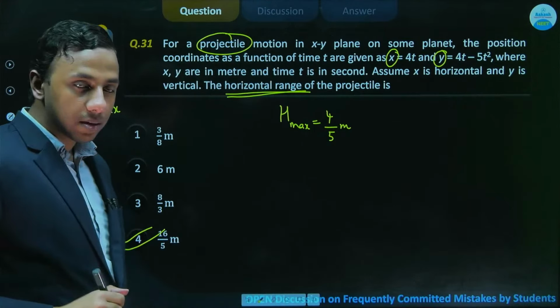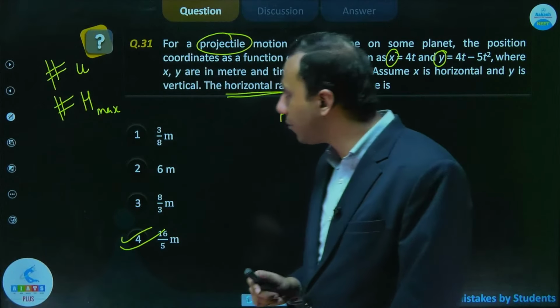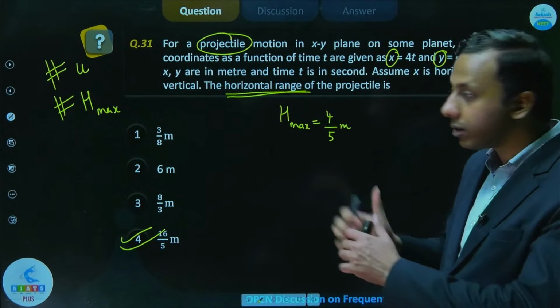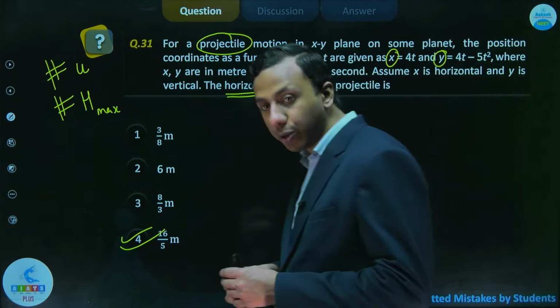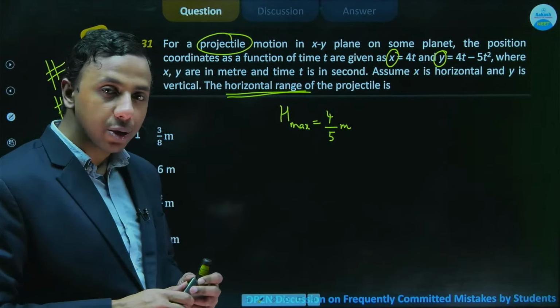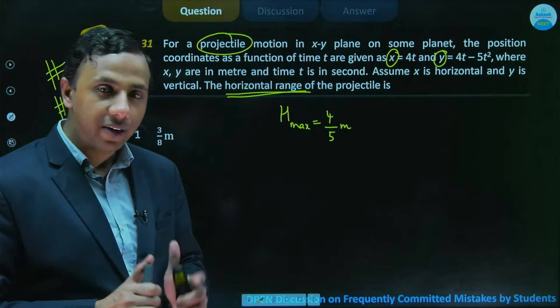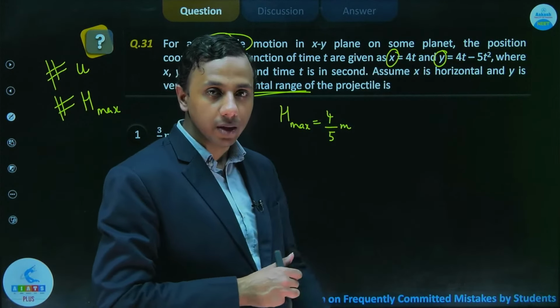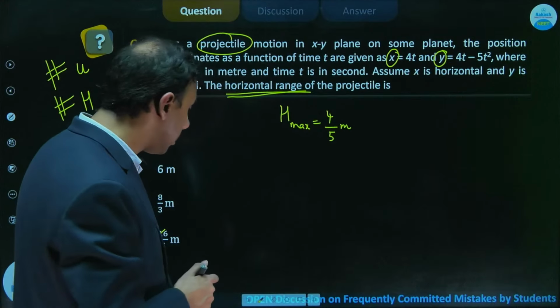What was the other thing I said we can find? That is your u. Now how will we find u? Remember, I also told you there are other methods to find the same answer. See, you can find u from x and y directly. How?